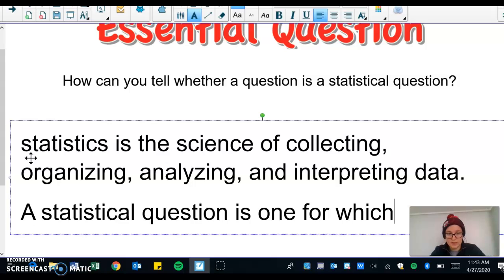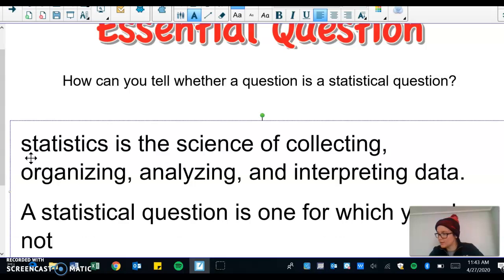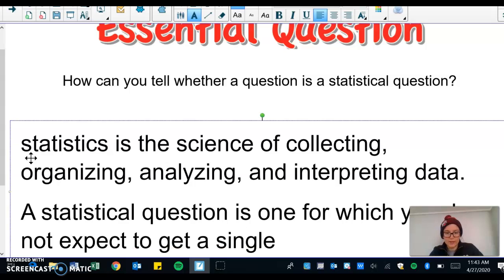So a statistical question is one which you do not expect to get a single answer. So it's where you expect to get a variety of different answers, so you can then get a variety of data collection points, so then you can organize and analyze and interpret it.